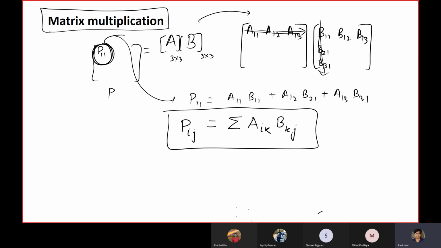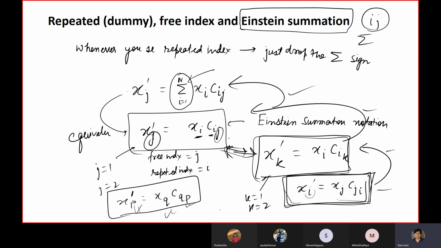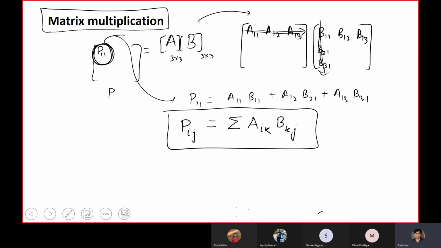This would be my index notation for this particular thing, and this goes from k is equal to 1 to 3. And this p ij, this is my ith row and this is my jth column.